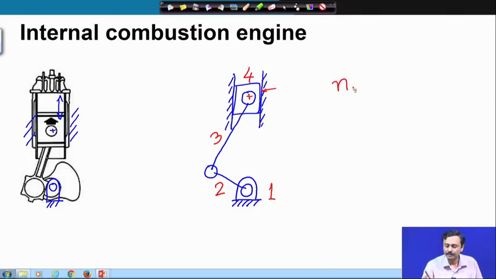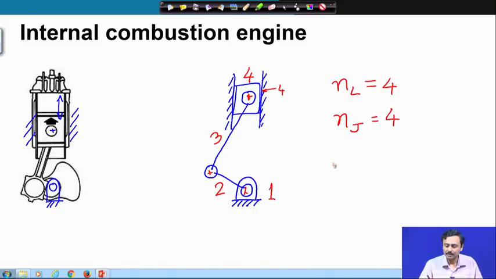So, number of links is equal to 4 and number of joints, as you can see, is 1, 2, 3 and 4. So, there are 4 kinematic pairs. There are 3 revolute and 1 prismatic.